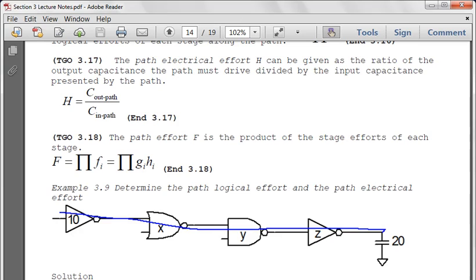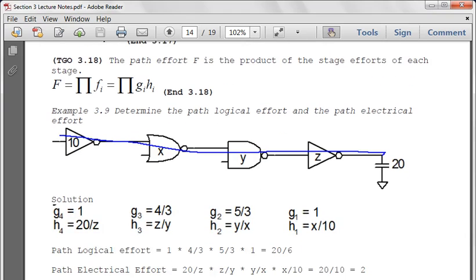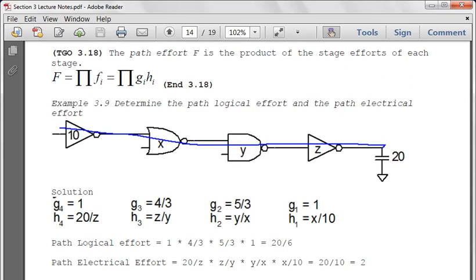Does everybody have the path effort definition? So I can scroll up here. They start canceling out: we're going to have 20 over Z times Z over Y times Y over X times X over 10, for our path electrical effort. So even though we don't know the intermediate capacitances that have to be driven, it doesn't matter because it becomes a ratio of the input and output.